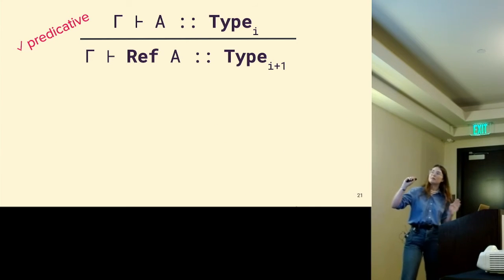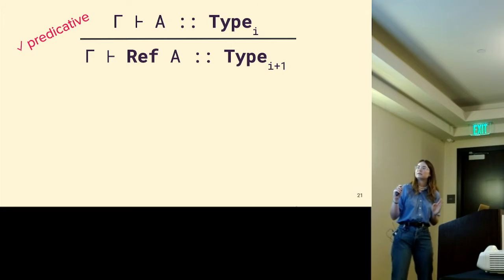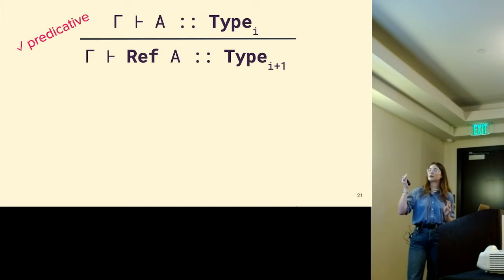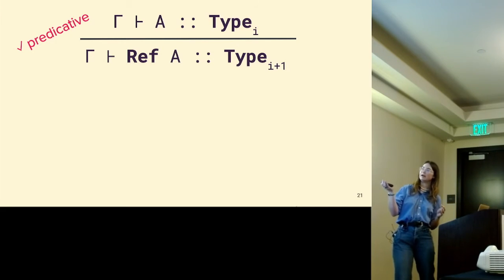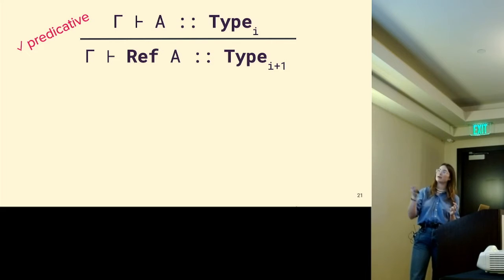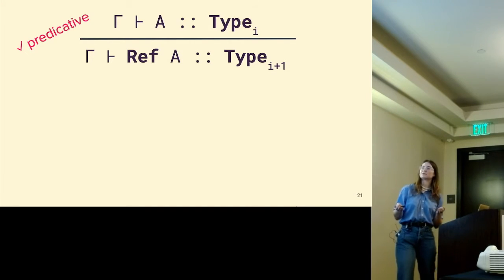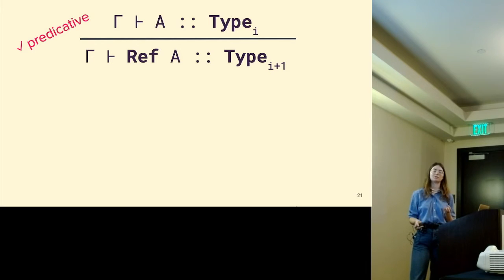So here at the top I have the rule for references, where we're going to raise the type level of a reference based on whatever type it stores. So here we have the type a kinded at type level I, and so a reference storing a is going to be at type level I plus 1.